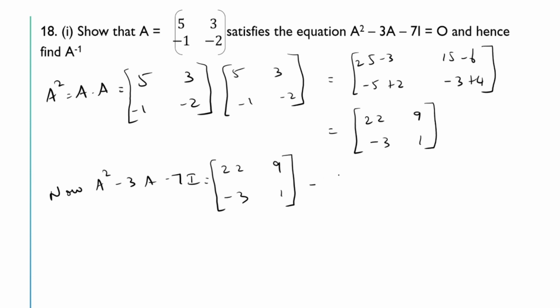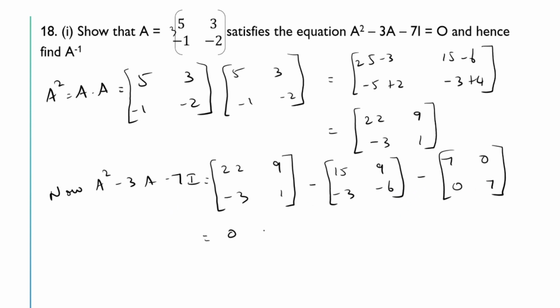Minus 3A is minus 3 into this matrix, that is 15, 9, minus 3, minus 6. Minus 7I is minus 7, 0, 0, minus 7. So this is equal to, here 22 minus 15 minus 7, 0, 9 minus 9, 0, minus 3 plus 3, minus 0, 0, 1 plus 6 minus 7 is again 0.